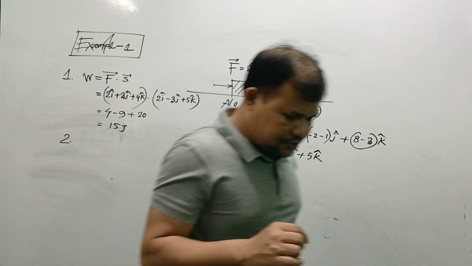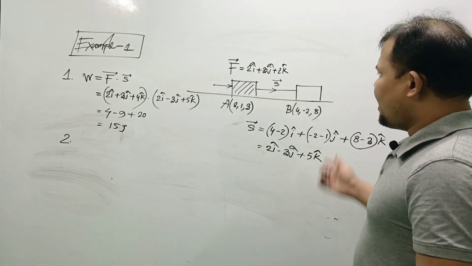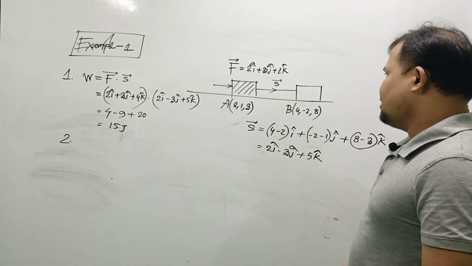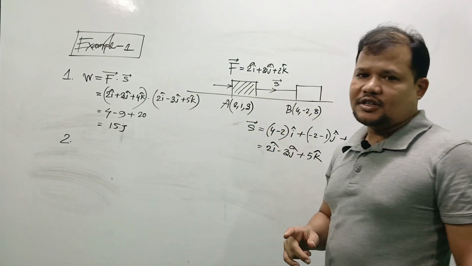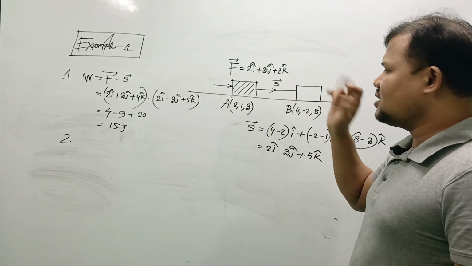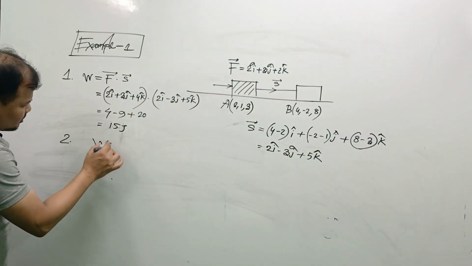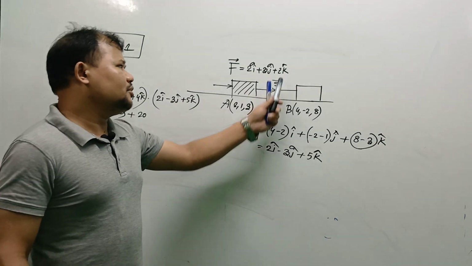If we apply the force F and displacement occurs from A to B and work done is 0, find out the value of z.